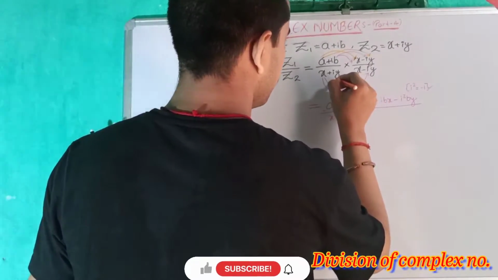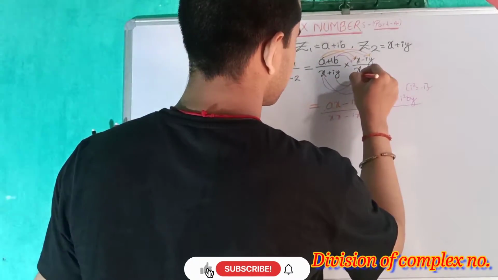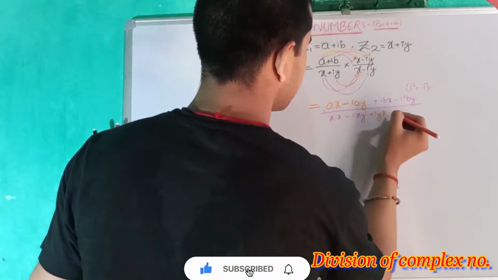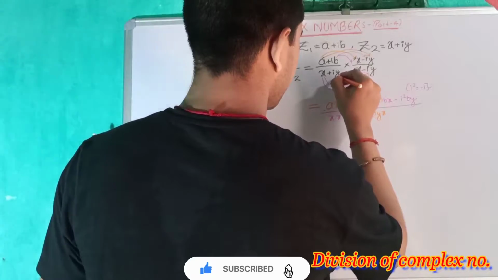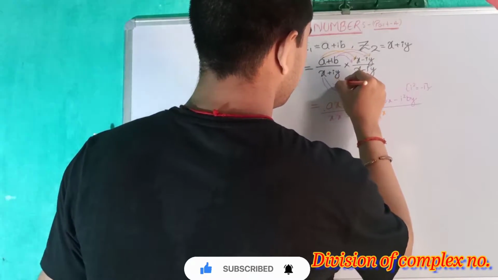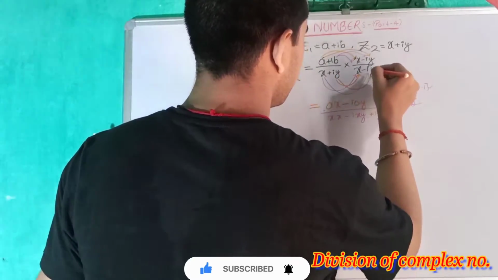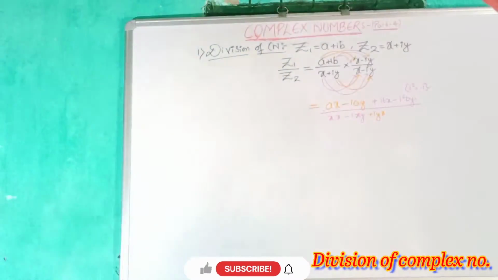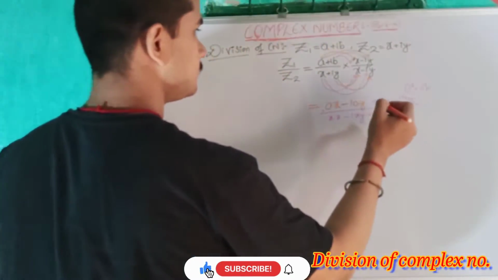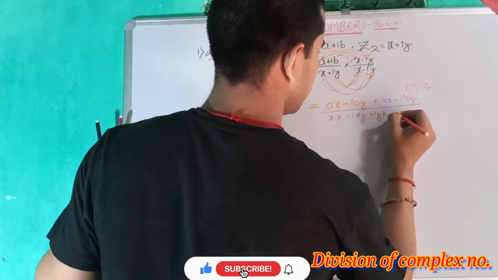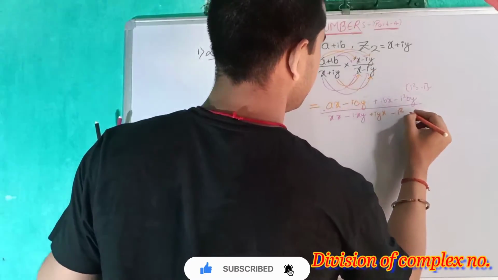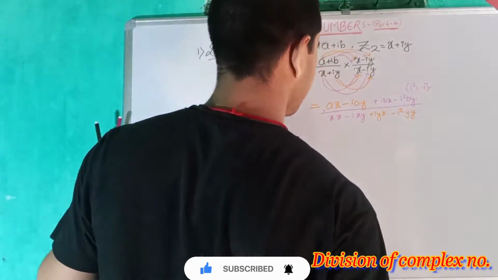This one will be multiplied to the real part of second complex number. This will give us resultant as plus iy into x, and then this will be multiplied to the imaginary part of second complex number. That will be again iota square, like we can see minus iota square, and then the value will be y into y.